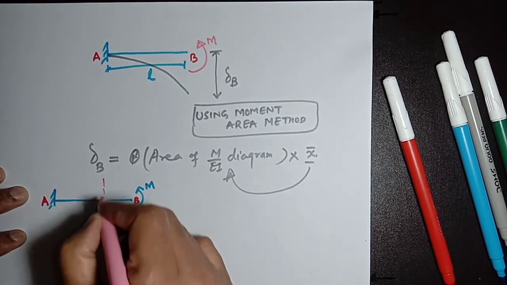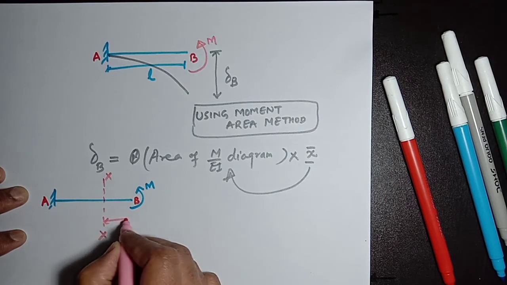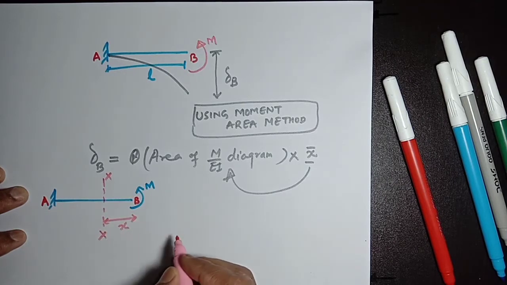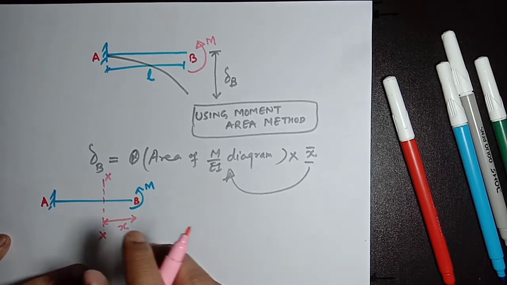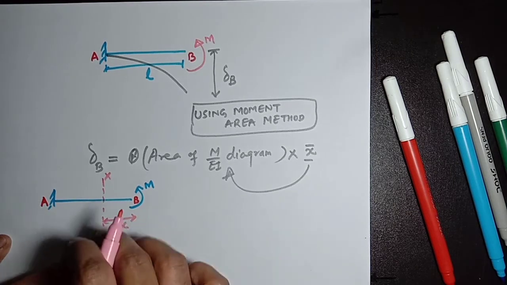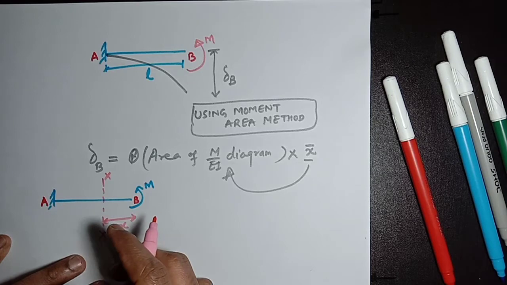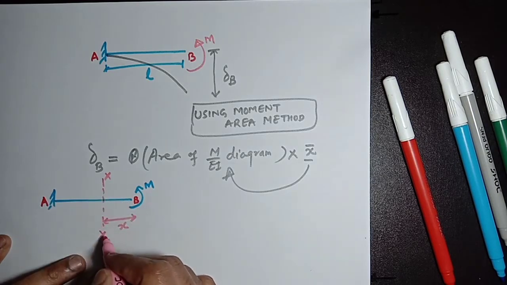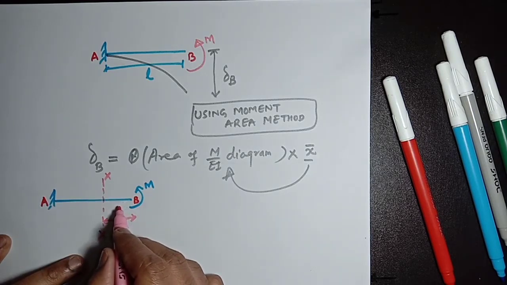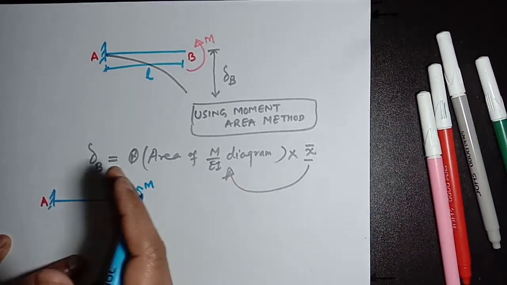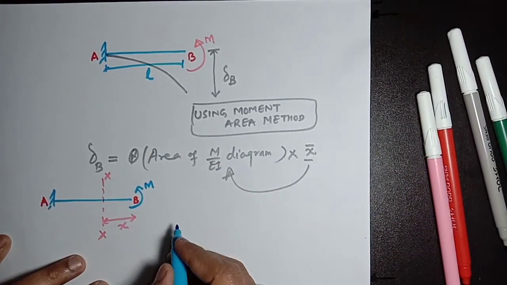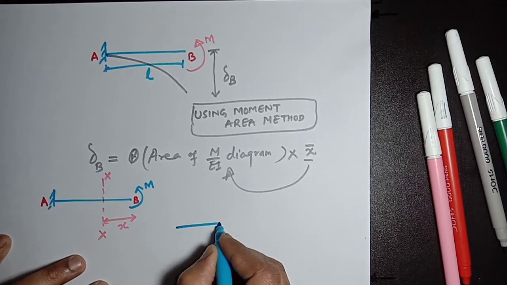Let's take a section XX here at a distance of x from point B, so that we can generate a general expression for moment and draw the bending moment diagram. Since we have taken a section XX at a distance of x from point B, we are taking a free body diagram. Let's separate out the left of this section.